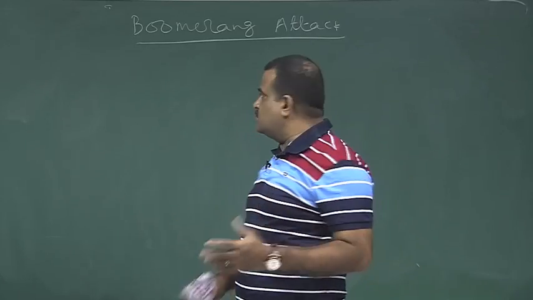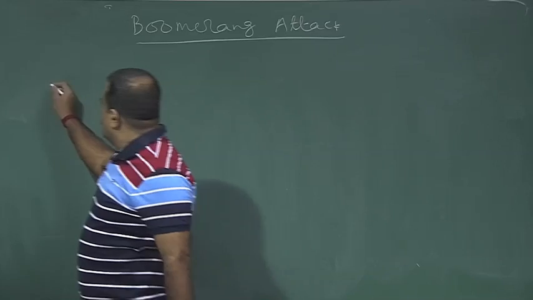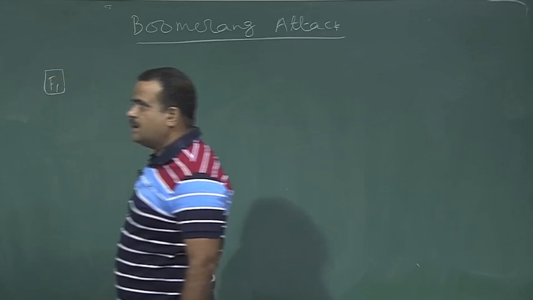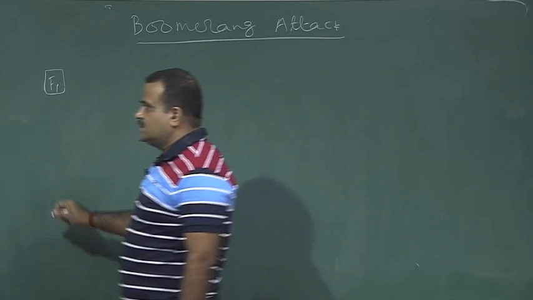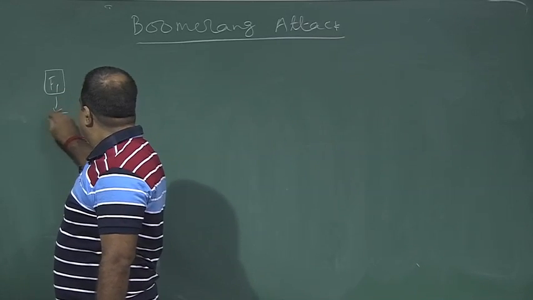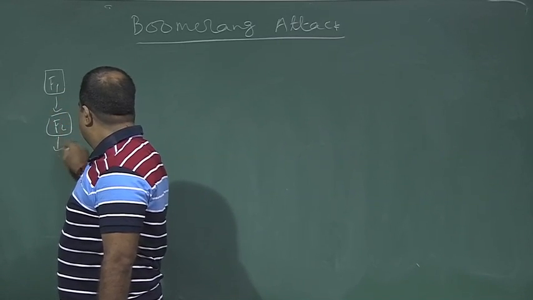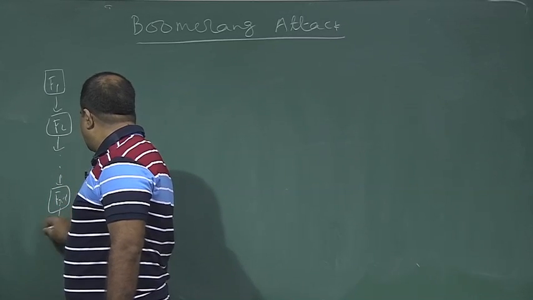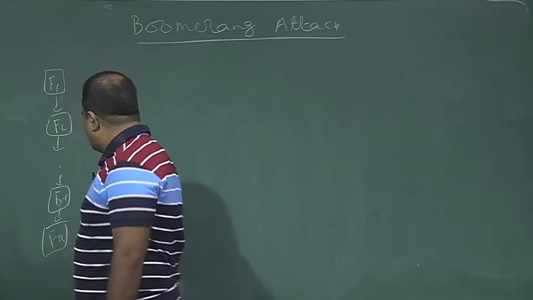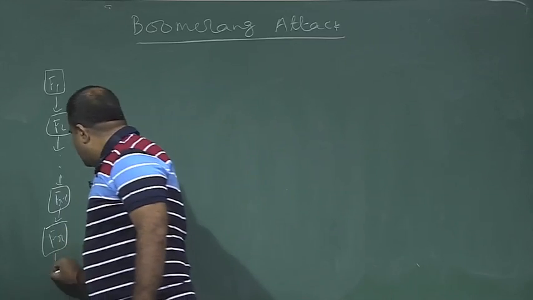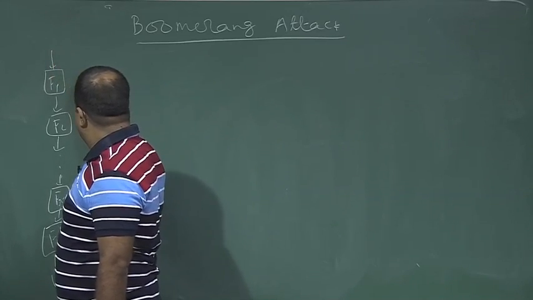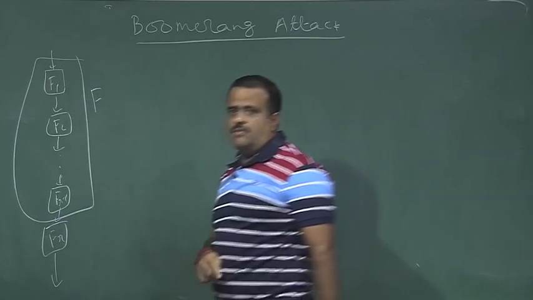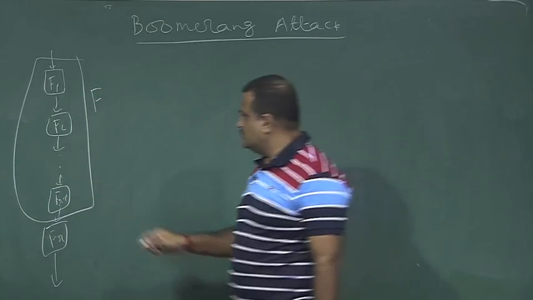In differential attack, we have an R round block cipher, and we are looking for a difference over a long round, like R minus 1 rounds.